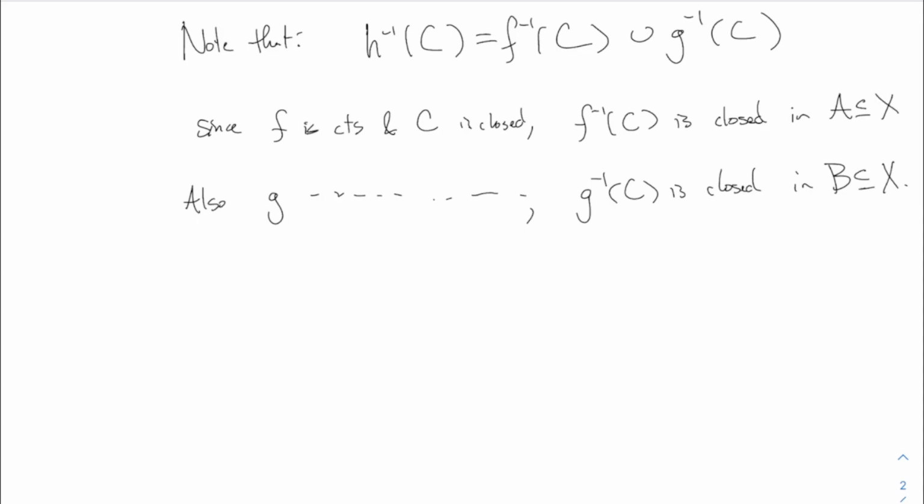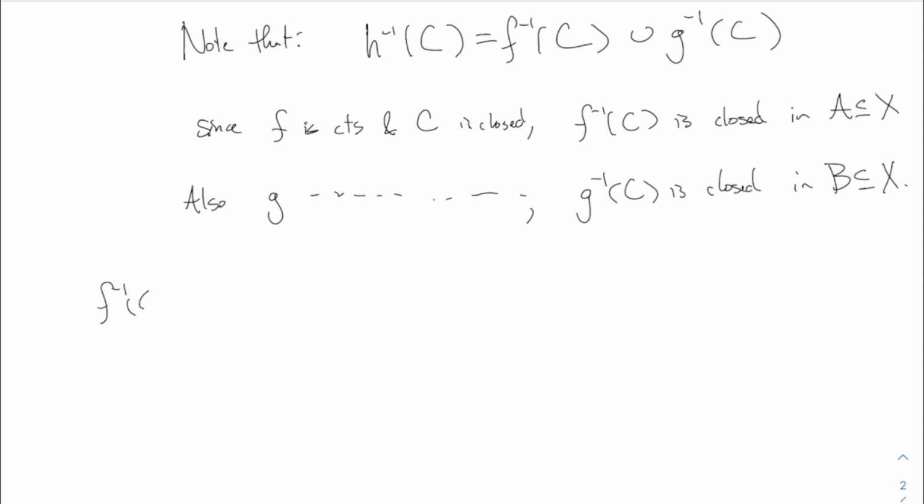Can we write out what that means? This is just a little blast from the past about the subspace topology. Closed in the subspace topology, remember, means it is the intersection. It is closed in A means it's a closed set intersected with A, right? That's what the subspace topology means.